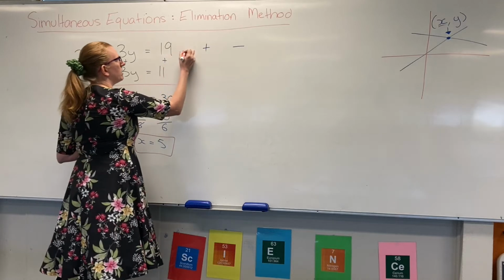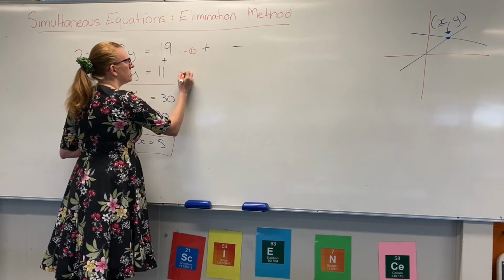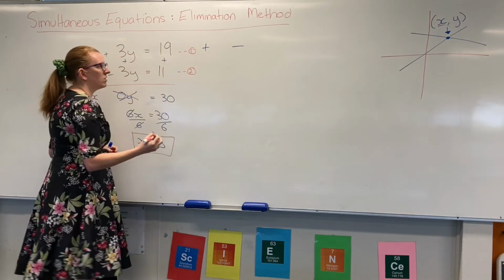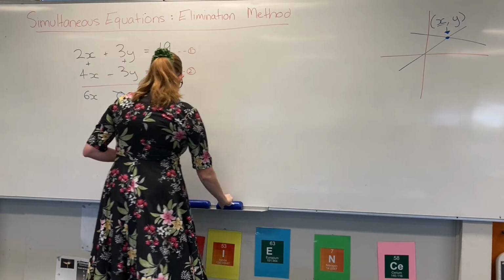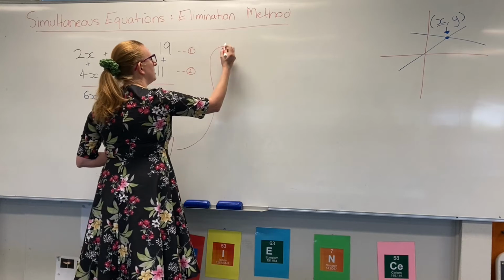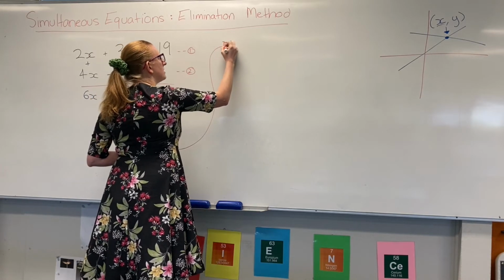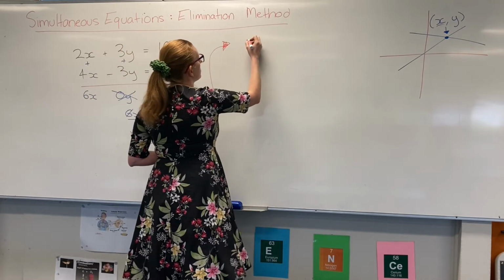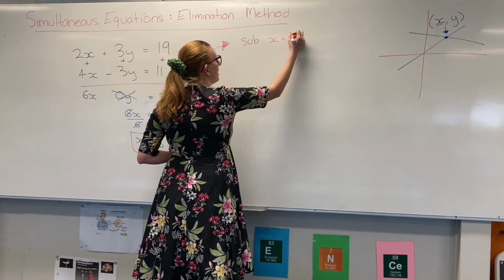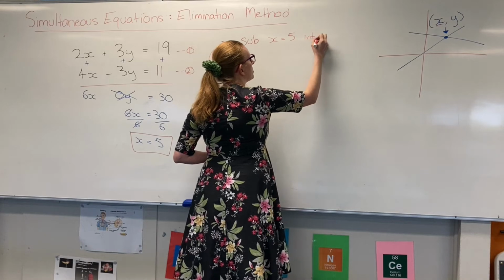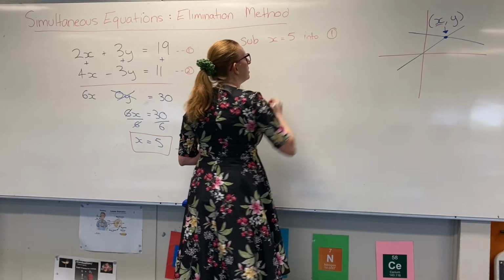So I'm going to call this one number 1, and I'm going to call this one number 2. So now what I'm doing, let me write this out, because I need more space, always needing more space. So now what I'm going to do is I'm going to sub x equals 5 into equation number 1.